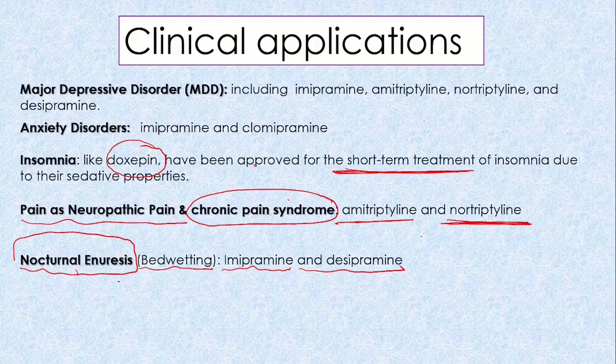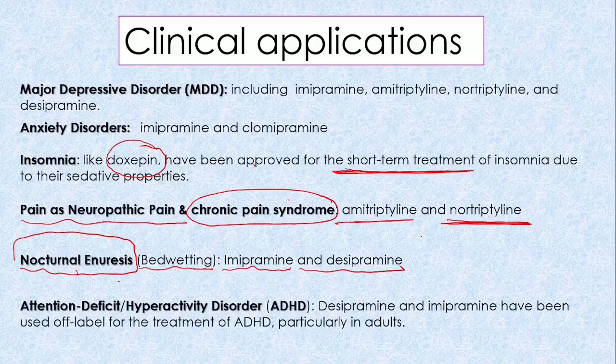Next use is in the treatment of attention deficit hyperactivity disorder, which is known as ADHD, especially in adults. Of course, this disorder is a psychological disorder in which the person is hyperactive with less concentration. In this case, desipramine and imipramine have been used, as an off-label use, of course.